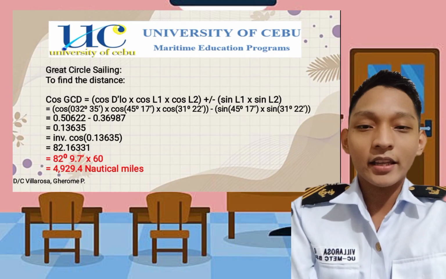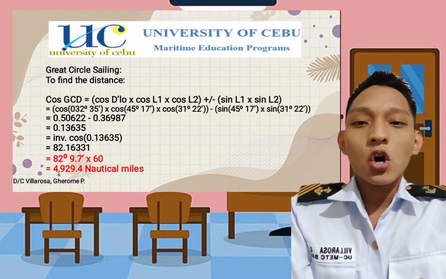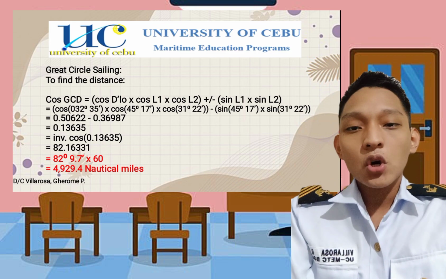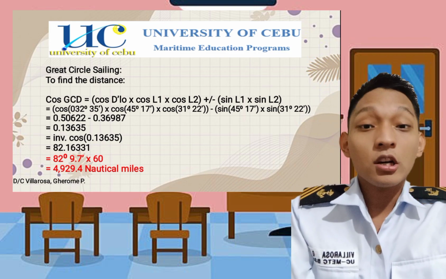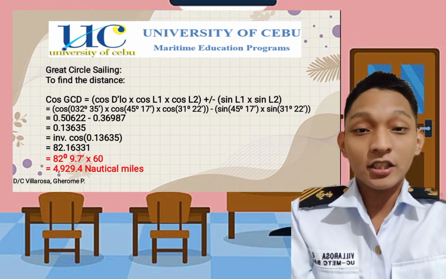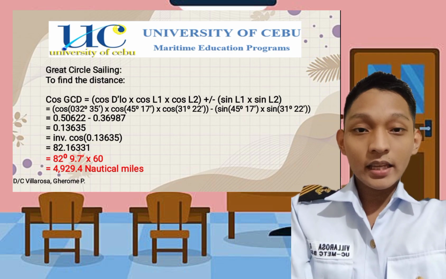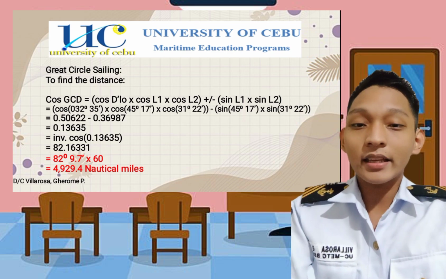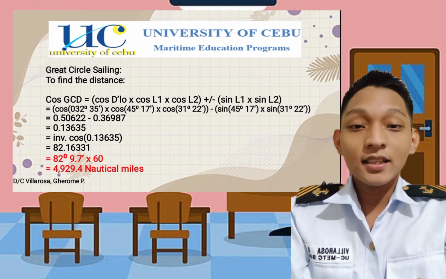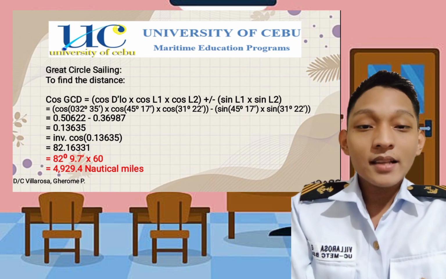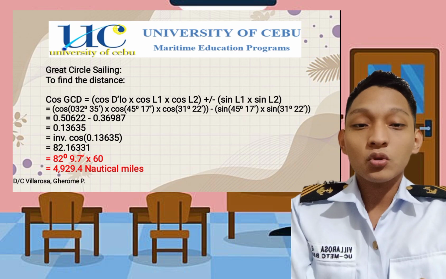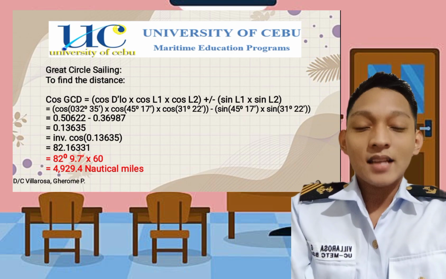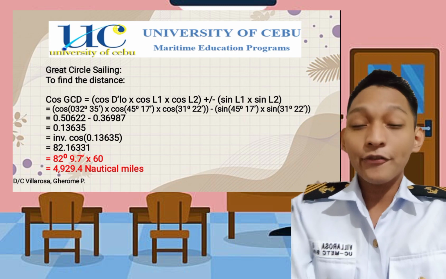Now we have to find the great circle distance or great circle sailing. Our formula for this would be cosine GCD, or great circle distance, equals cosine DLO times cosine latitude 1 times cosine latitude 2, plus or minus sine latitude 1 times sine latitude 2.